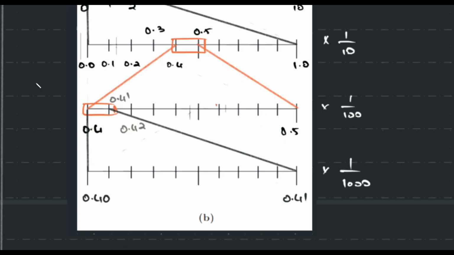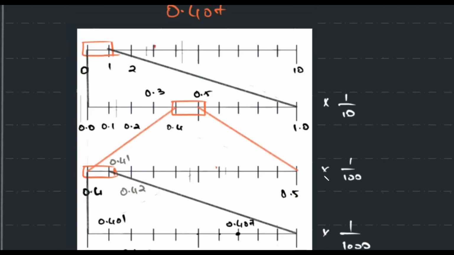So we are looking at 0.401, 0.402, so on and so forth. What is the number? This is 0.4056 and this is 0.407. 0.407. And that's our answer.